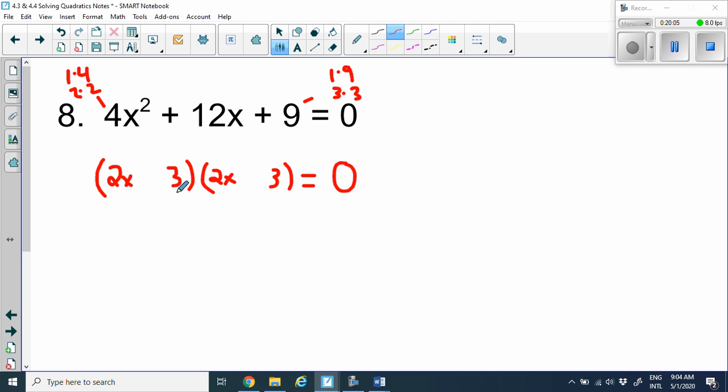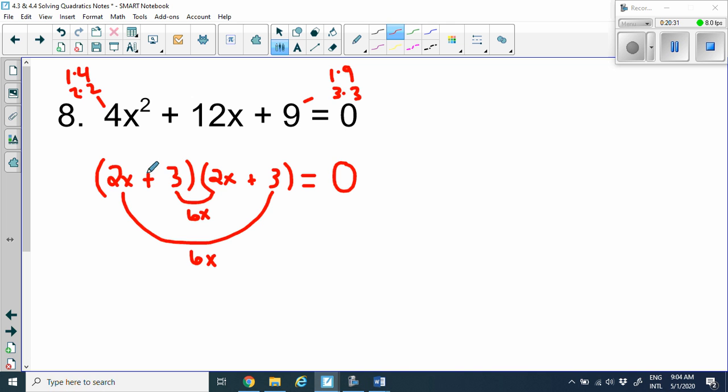So now we multiply the inner, so we do 3 times 2x, that gives me my 6x. And then 2x times 3 gives me 6x. We're trying to add to the middle, which is a 12x. Well, if I add 6 and 6, I do get 12. So I'm going to put a positive because I know that my 6x's are positive.